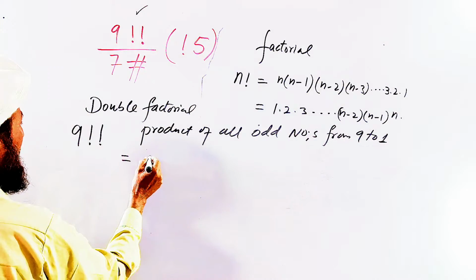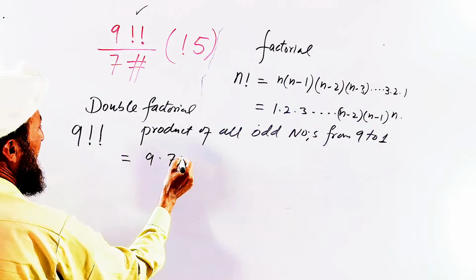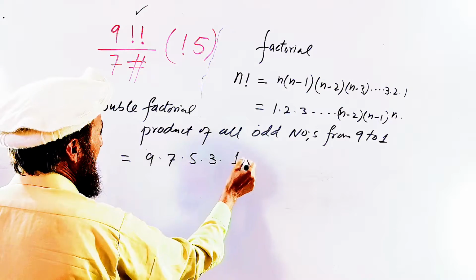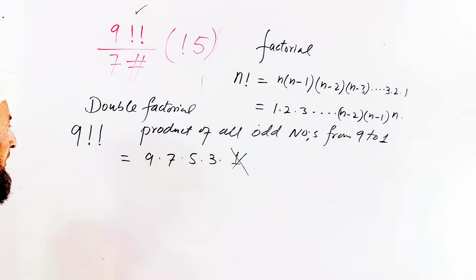So it is equal to 9 times 7 times 5 times 3 times 1, where 1 is not included in this case.